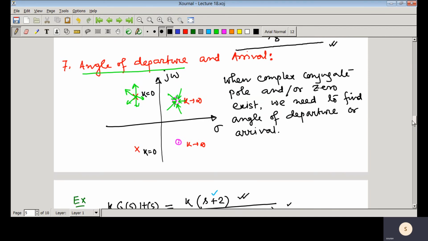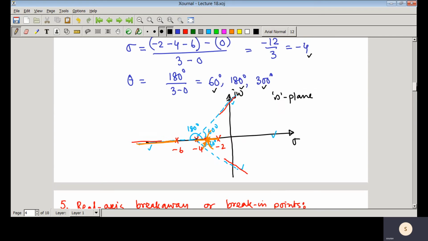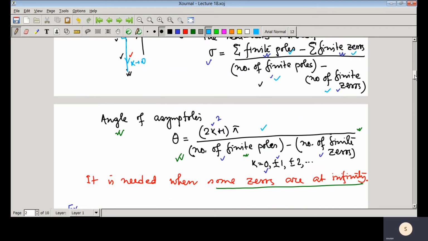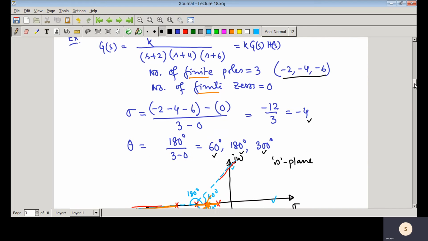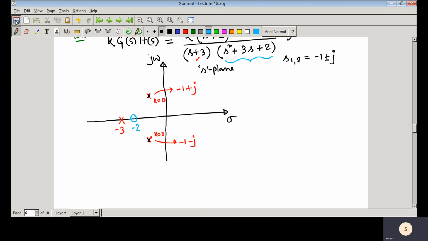So let us first find its centroid. The formula for finding centroid is the summation of finite poles minus summation of finite zeros divided by number of finite poles minus number of finite zeros, and the angle of asymptotes equals 2k plus 1 pi divided by number of finite poles minus number of finite zeros.